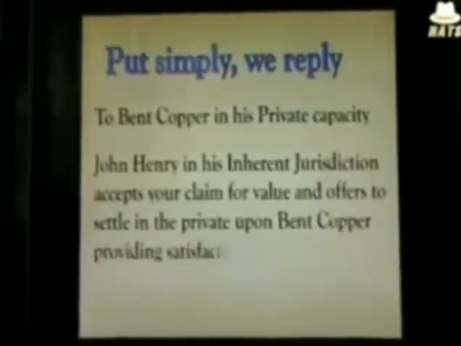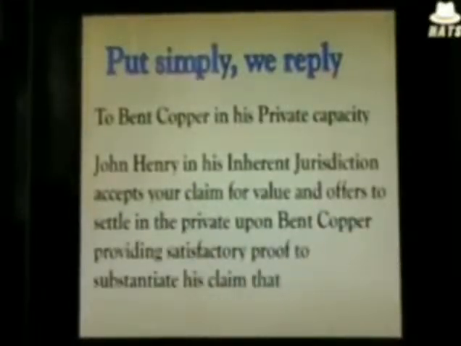And we say, John Henry, in his inherent jurisdiction, accepts your claim for value and offers to settle in the private upon bent copper providing satisfactory proof to substantiate his claim that the claim was addressed to you, but was served on John Henry. It's that simple. So Bent Copper is now required to testify under his own full commercial liability that John Henry is you, and of course they cannot do that. So you rebut their claims right there and then. They have to go away.